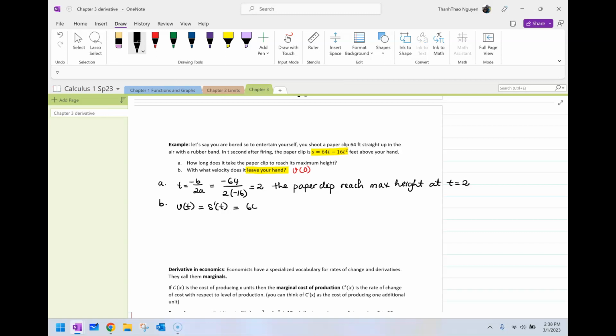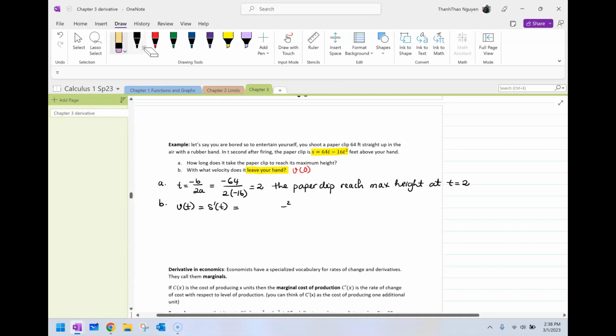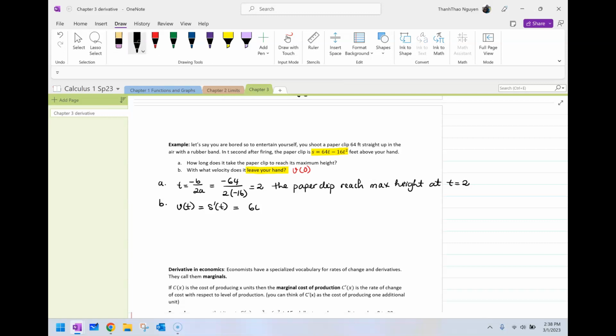The derivative of 64t minus 16t squared is 64 minus 32t. Okay, so at t equals 0, v of t is equal to 64 feet per second.